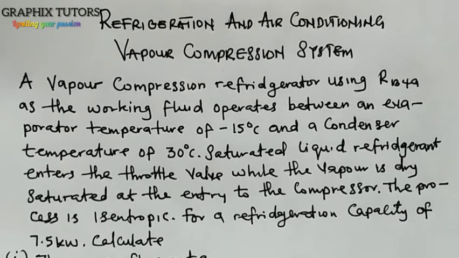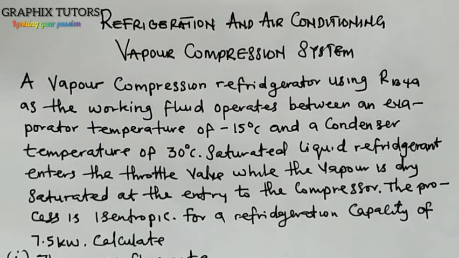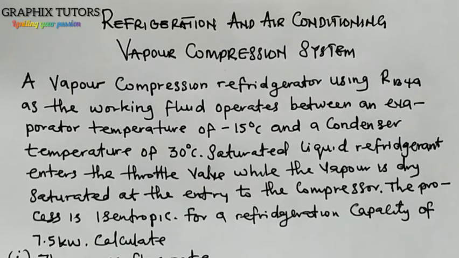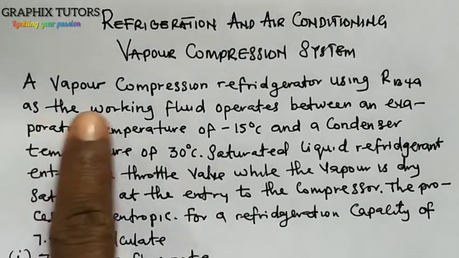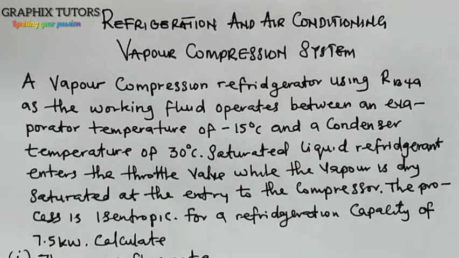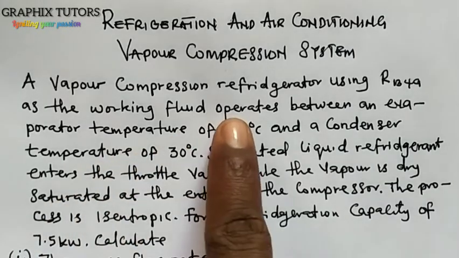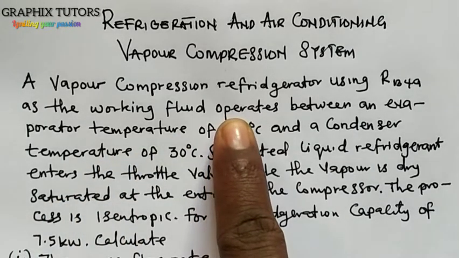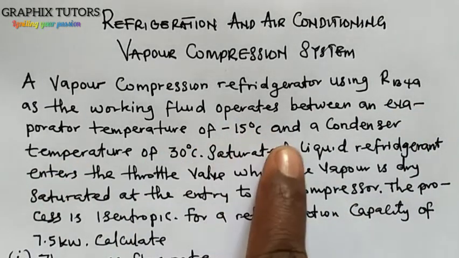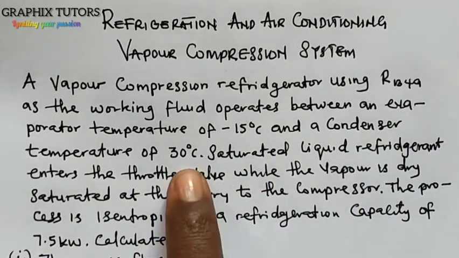Today we want to solve another exercise on vapor compression systems, which is an aspect of thermodynamics. If you look at this question, it says a vapor compression refrigerator using R134A as the working fluid operates between an evaporator temperature of minus 15 degrees Celsius and a condenser temperature of 30 degrees Celsius.